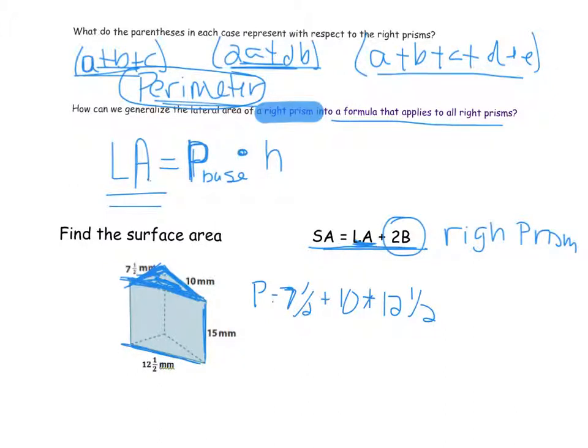So if I add this all together, 12.5 plus 10 is 22.5, plus 7.5 is 30. So the total perimeter is 30 millimeters. That gives me the perimeter of the base, and now I'm going to multiply it by the height.